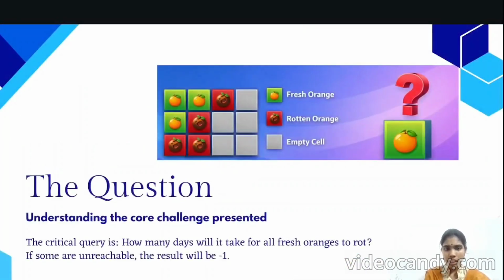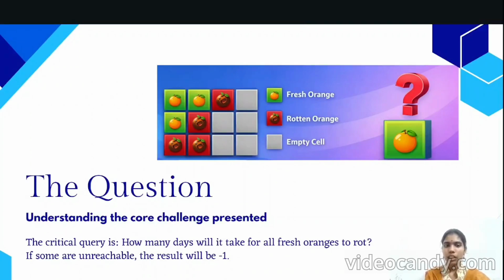The core challenge is the main question of the problem. The core challenge is to find how many days it will take for all oranges to become rotten. If every fresh orange can be reached by the infection, we calculate the total time required.